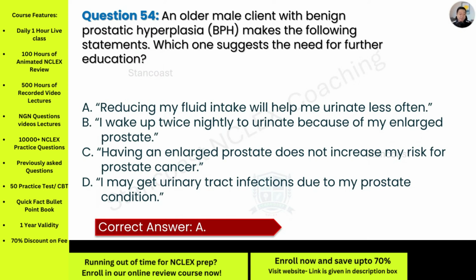Nocturia is a common symptom associated with BPH. That statement reflects understanding. The same thing with letter C and letter D. So you have to look for a statement that contradicts evidence-based management of benign prostatic hypertrophy, and you have to discard those statements that align with known symptoms or complications of the BPH.